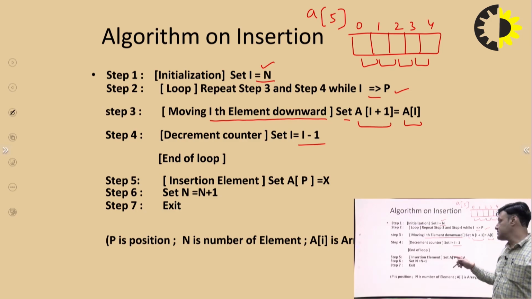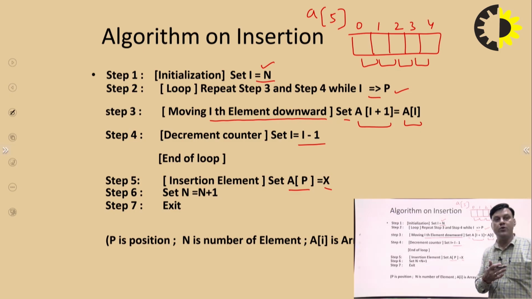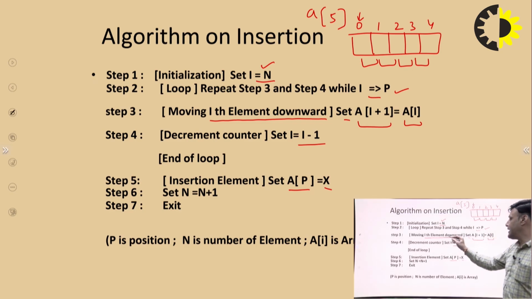And the element will be inserted at A of P equal to X, right? For example, I am going to insert an element at the first position. First position means at this position. Then how does moving the ith element downward, A of I plus 1, work?